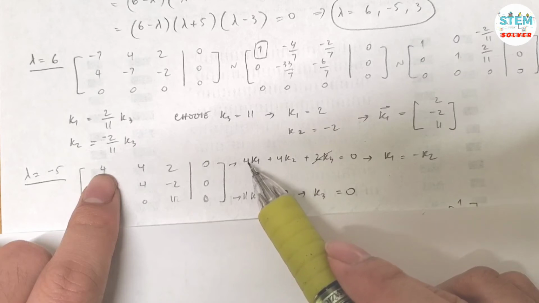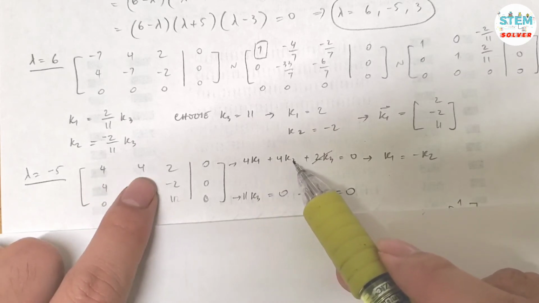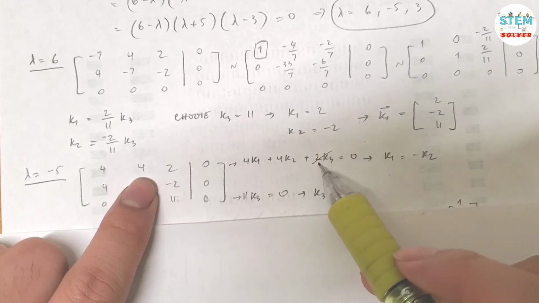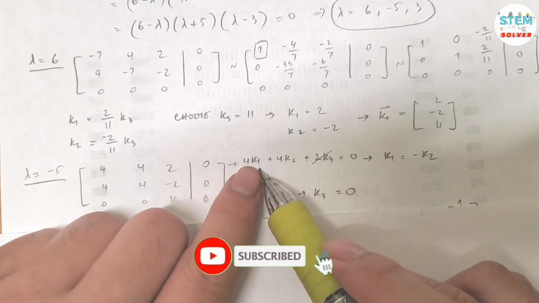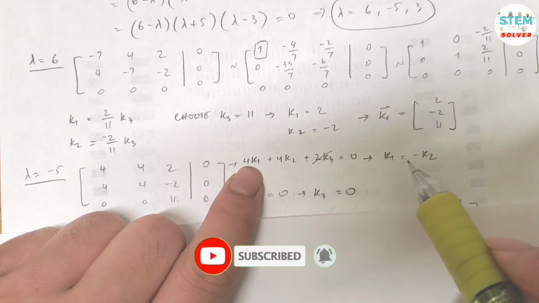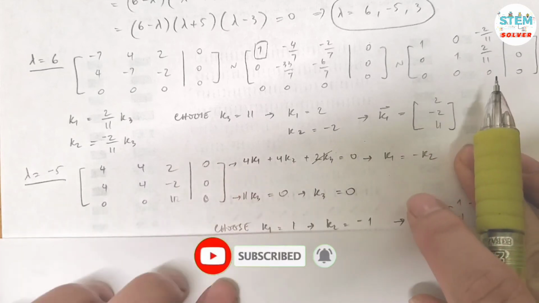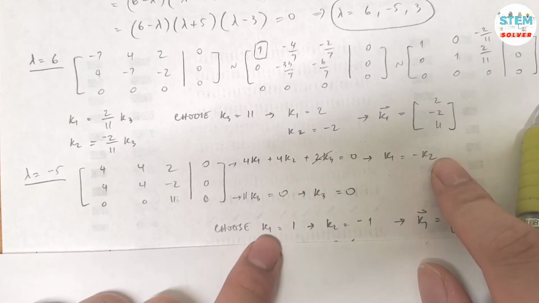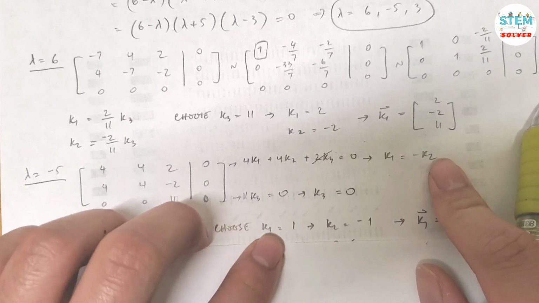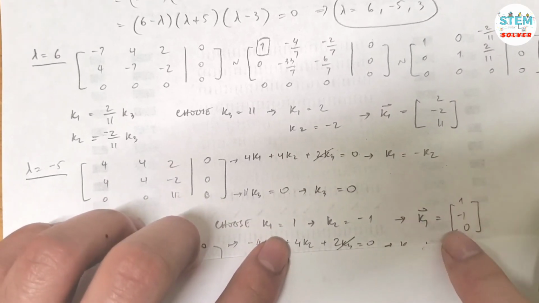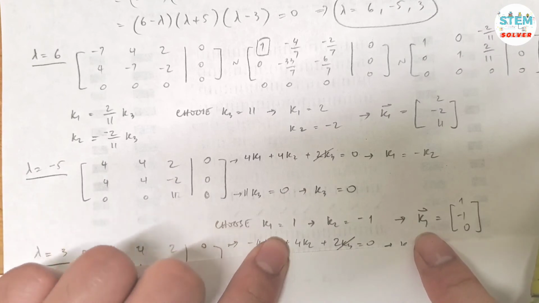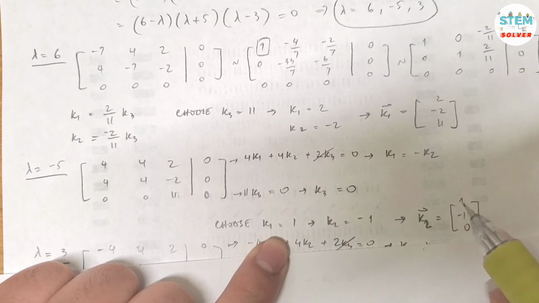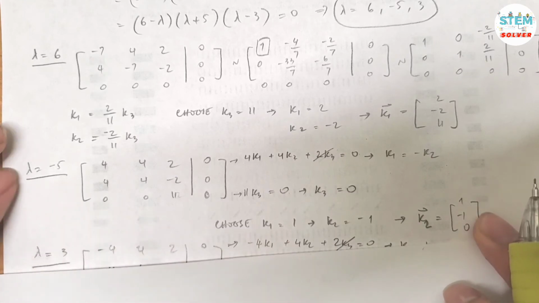I will have positive 4k1 plus positive 4k2 plus 2k3 equals 0, and since k3 equals 0, ignore this one. Then solving for k1, I got k1 equals -k2. Now choose k1 equals 1, then k2 equals -1. You can choose whatever value for k1 as long as it's not 0. And then my vector k2 is equal to 1, -1, 0.